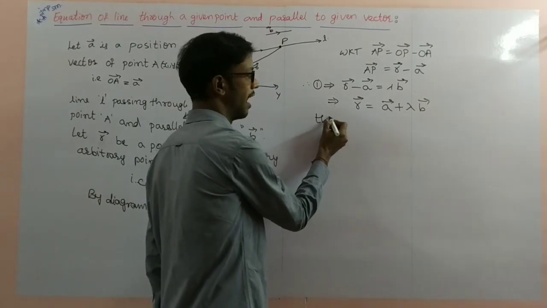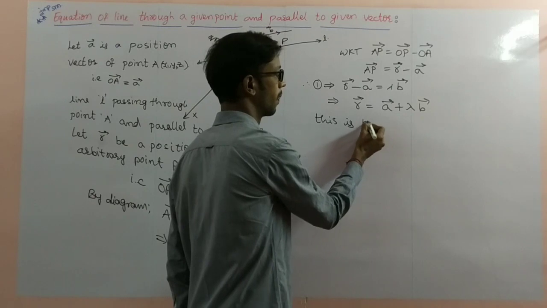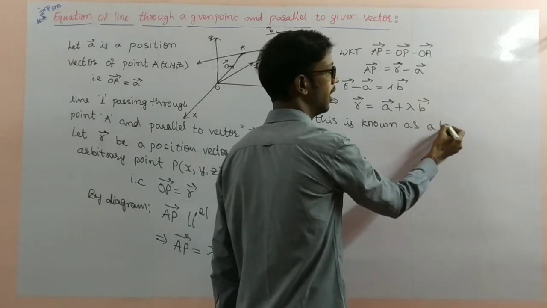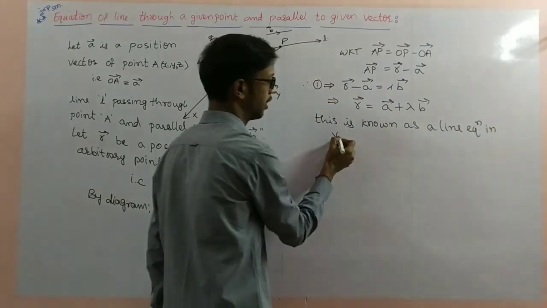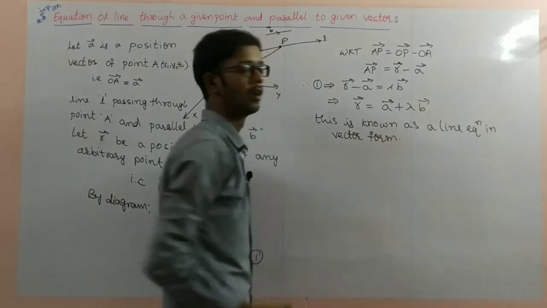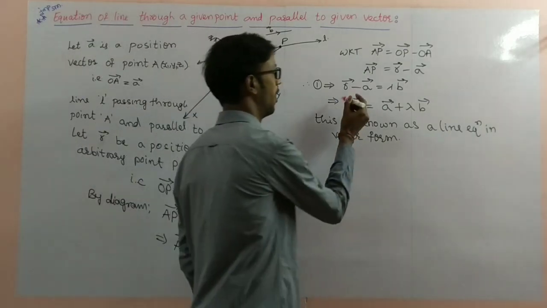This is known as the line equation in vector form.